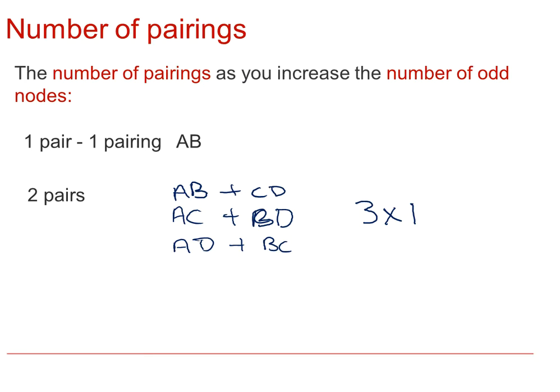You could write that as 3 times 1, resulting in 3 different distinct pairings.